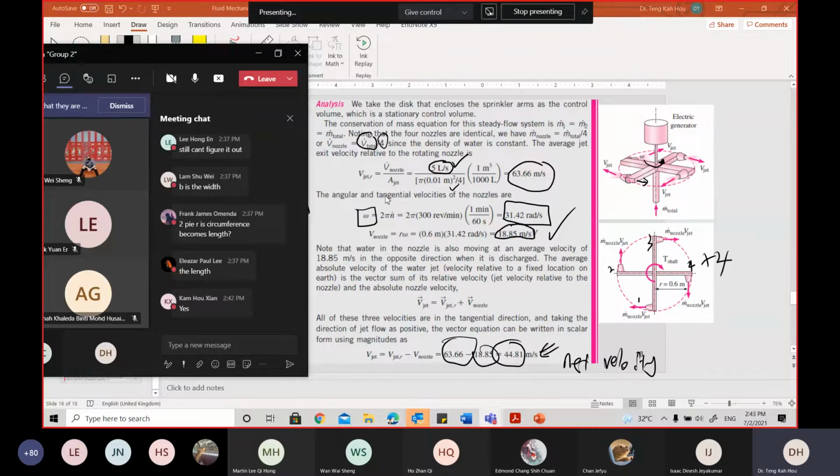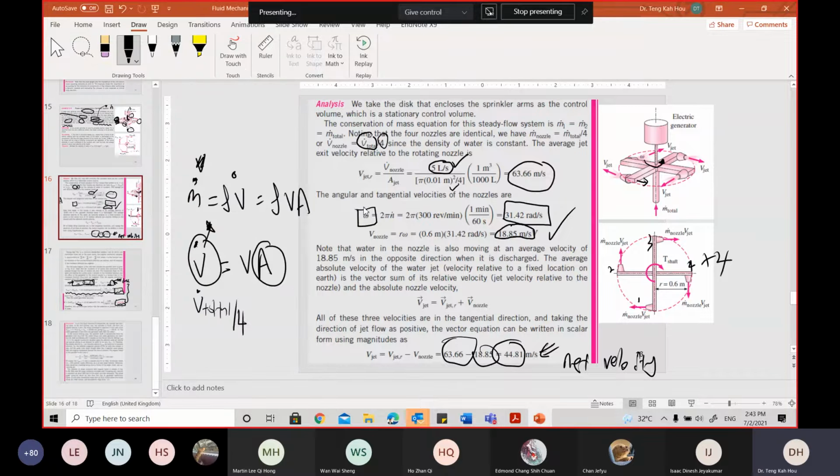But anyway, for this one, I think you're already sure that you know how to use your volume flow rates to get your Vjet for each of these. Am I right? So once you get each of these, you can get the omega. Why is this happening? Because when you get some spreading of the liquids in this direction, that means you are going to contribute to rotation backwards.